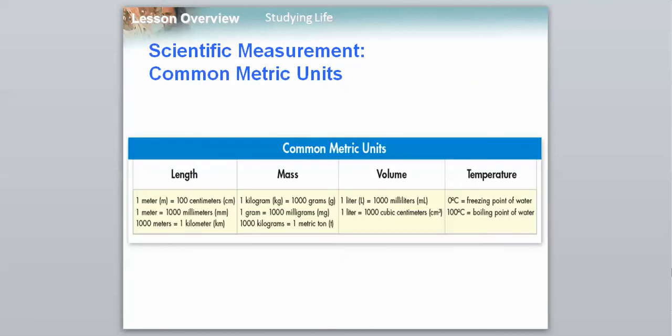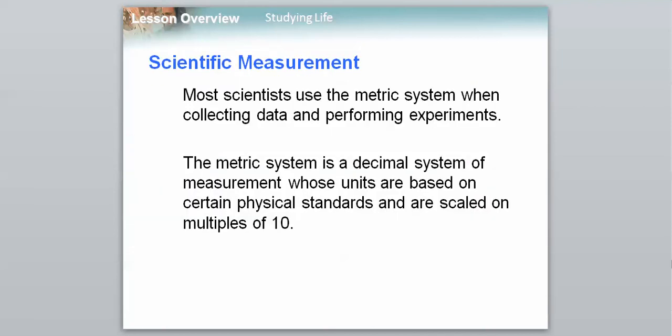And the reason why we use the metric system is because scientists across the world use some form of it. So if we do an experiment here and a scientist over in Russia wants to repeat our experiment, they can do the exact same thing we do because we use a standard unit of measurement across the whole field of science.